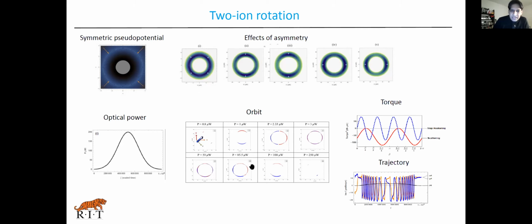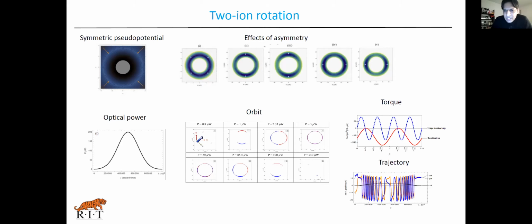If you keep raising the power, the rotation stops, goes back to vibration, and at the highest power, it completely quenches. Okay, so now I'll explain how this happens. It's reasonably straightforward, I think, but still interesting.